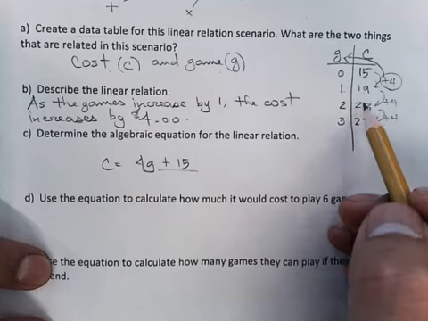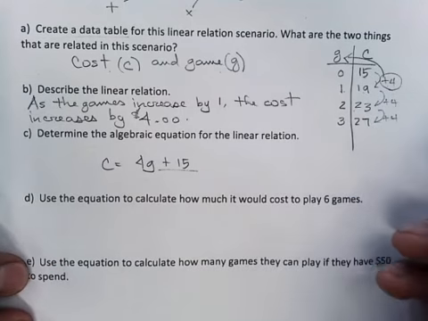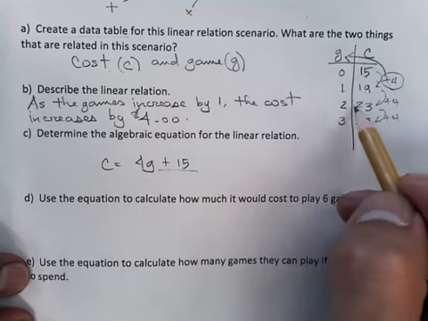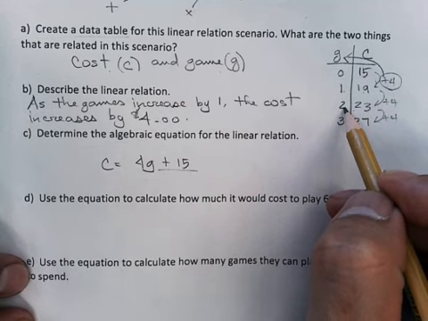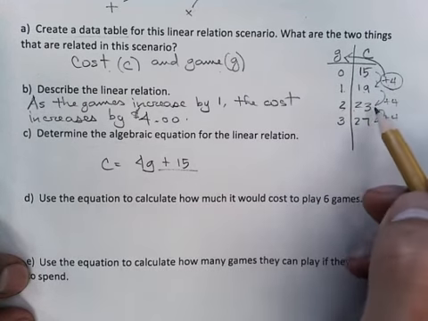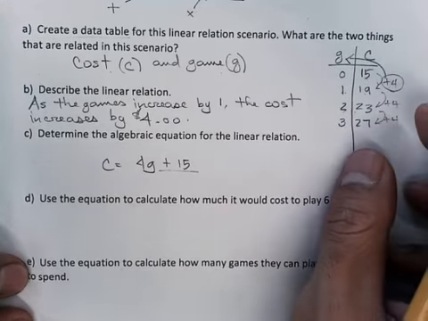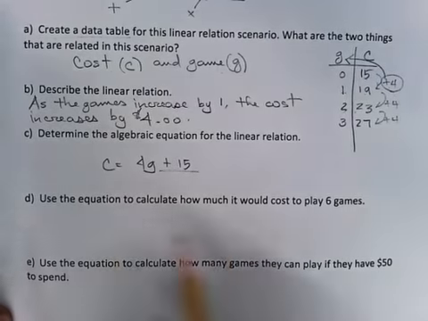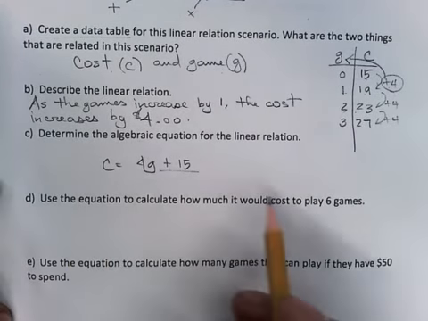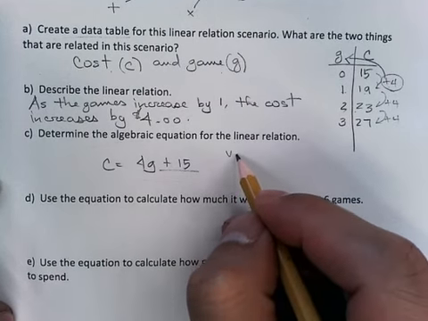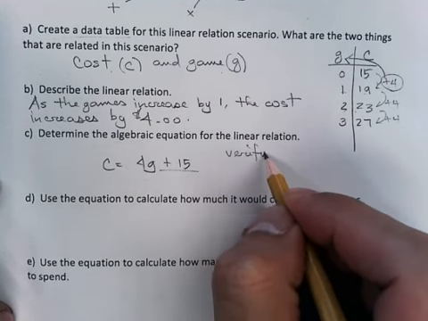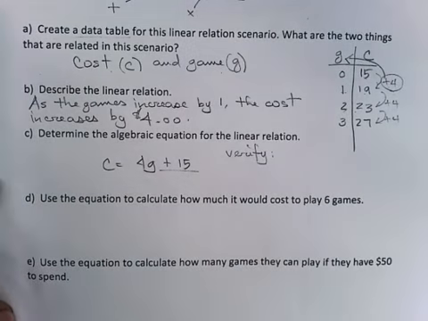Does that work with every single one? Yes, it will, because if we played 2 games, 4 times 2 is 8. What is 8 plus 15? 23. Maybe instead of jumping ahead to D here, maybe we should do a verify, because I did get you guys to practice verifying, in other words, proving that this is the equation for it.